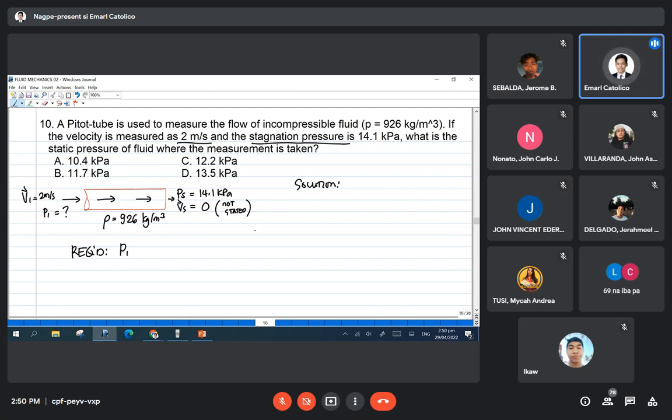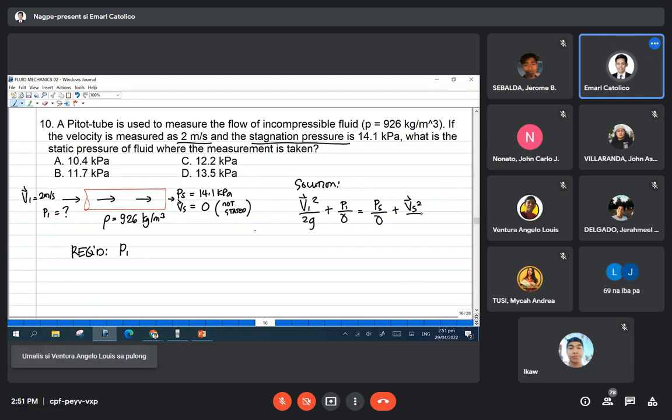Okay, ang ating working formula ay yung papasok muna, V1 squared over 2G plus P1 over gamma. Wala namang elevation, ano? So, huwag na natin isulat. Is equal to pressure at stagnation over gamma plus velocity at stagnation squared over 2G. Since V stagnation natin is equal to 0, 0 na yan.